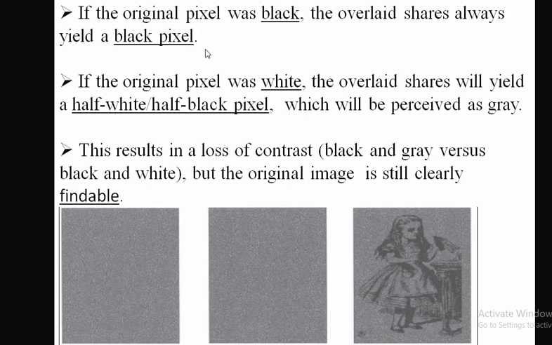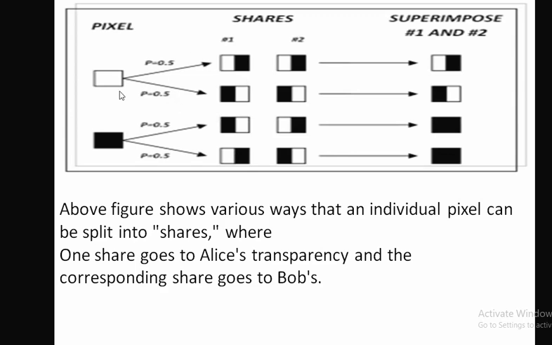If the original pixel was black, the overlaid shares always add a black pixel. If it is white, it will add half white and half black pixels. These two conditions we have seen in this box, right? The white and black box.